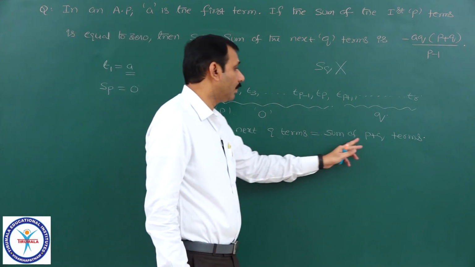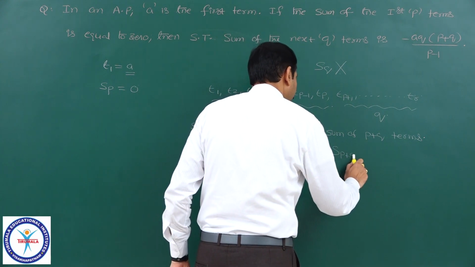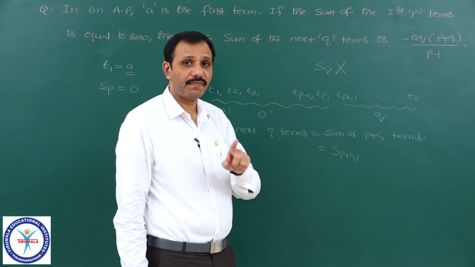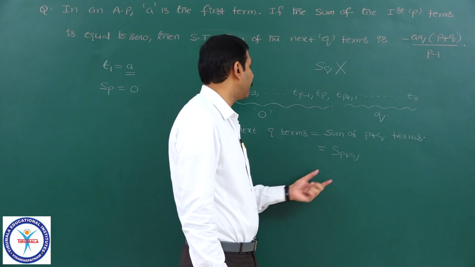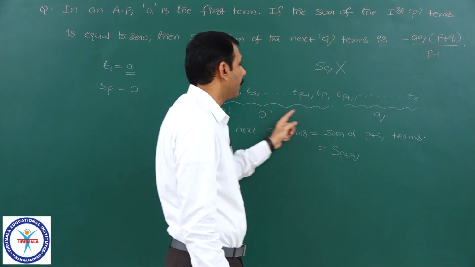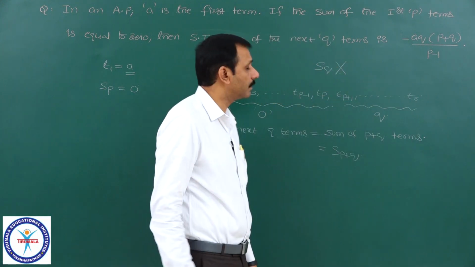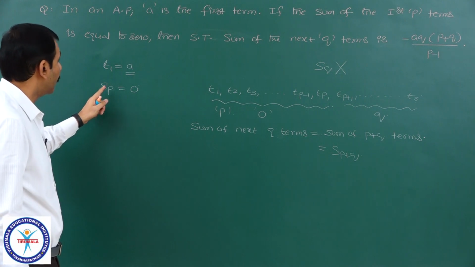The sum of p plus q terms, what is the meaning? Here it is S of (p plus q) we want. Usual notation only: Sn means the sum of the first n terms. S(p plus q) means the sum of the first p plus q terms. Therefore, from here onwards, if you take till here, in total it is p plus q terms. Now, from this, what is the relation I will get?